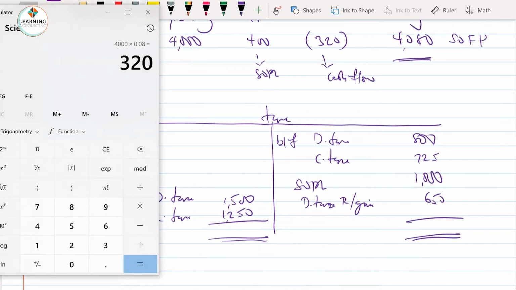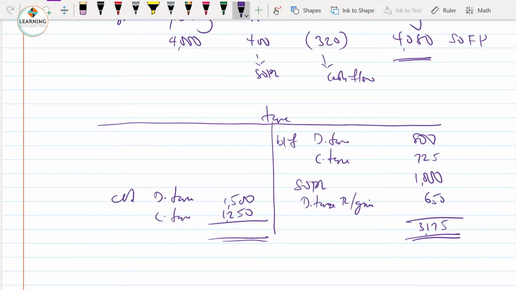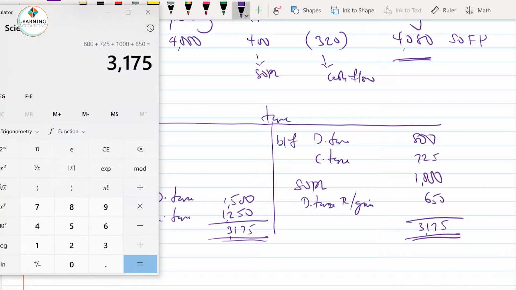So let's do the maths. We have 800 plus 725 plus 1000 plus 650, and that gives us 3175. 3175 minus 1250 minus 15 gives us 425.